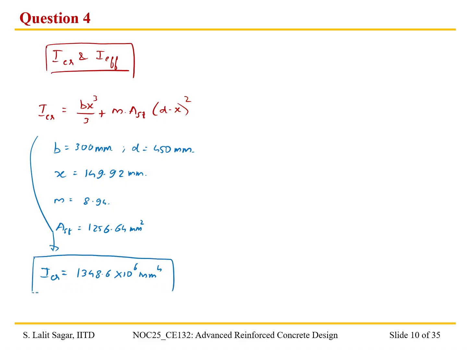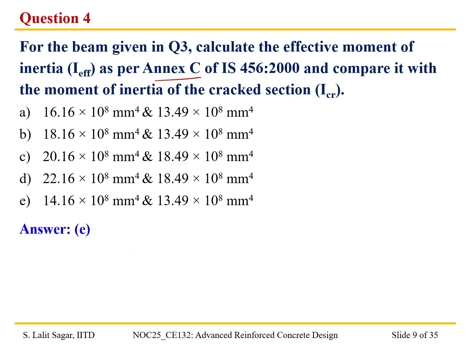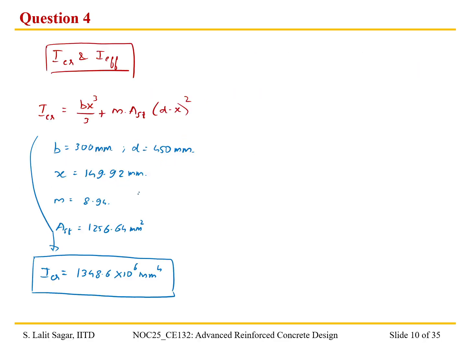The units are length raised to the power 4 for the moment of inertia. Options A and B both have the value of cracked moment of inertia similar to what we got, 13.49 into 10 to the power 8.